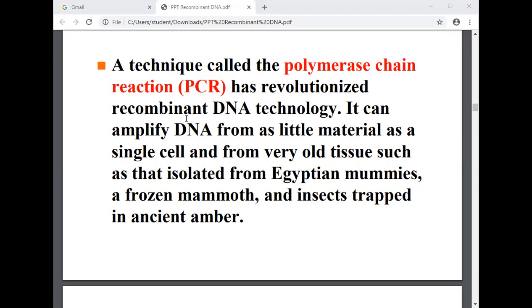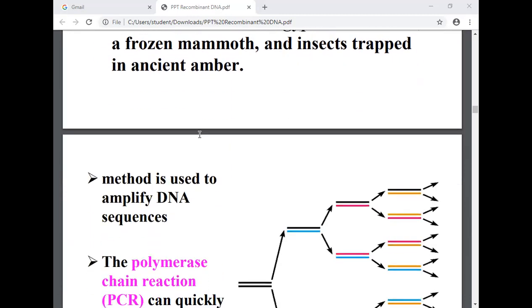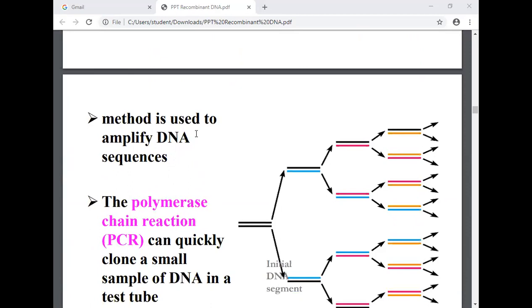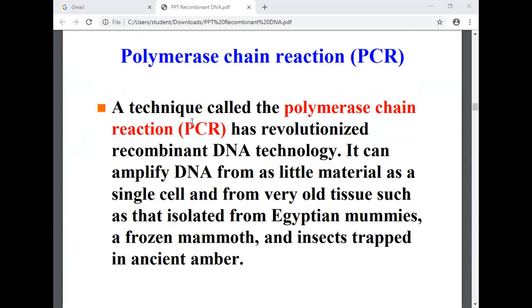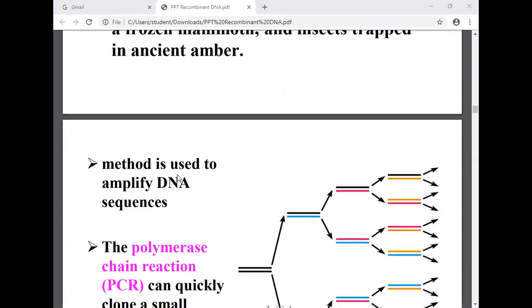Okay, now, as I told you, from any source we can get a segment, and another segment from any other source, and we can ligate both of them, right? And it is due to this PCR. It is due to this polymerase chain reaction.